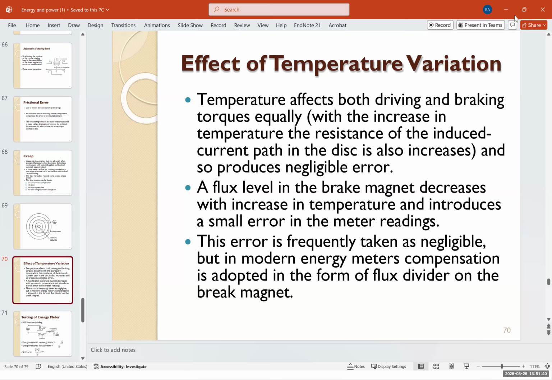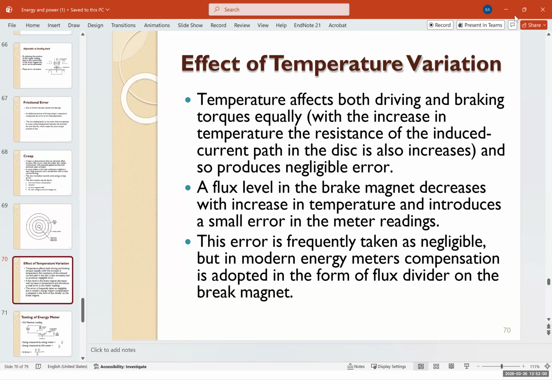Now, temperature affects both driving and braking torque equally. With the increase in temperature, the resistance of the induced current path in the disc also increases, and so produces negligible error. The flux level in the brake magnet decreases with the increase in temperature and introduces a small error in the meter reading.